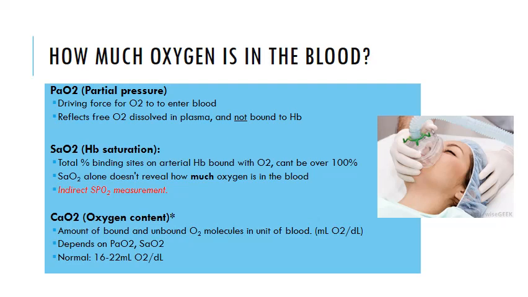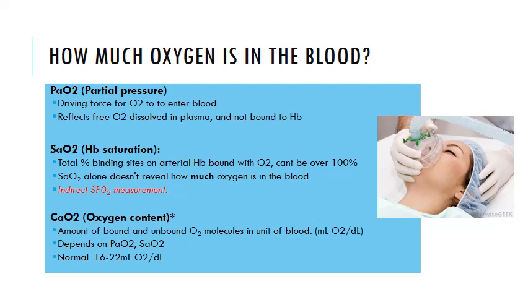The SaO2, or the hemoglobin saturation, is the total percent of binding sites on arterial hemoglobin saturated with oxygen. We already know that binding sites for oxygen are located in the heme groups on hemoglobin, and there are 4 heme sites per hemoglobin molecule.